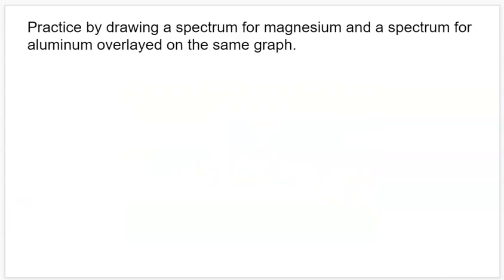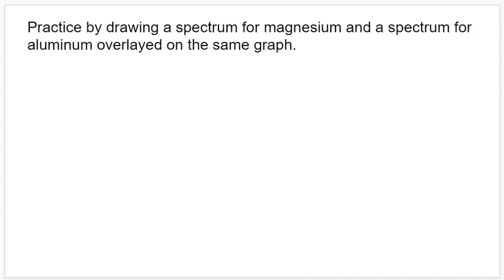I want y'all to try to practice drawing these. I don't care too much about the actual energy values as long as you're getting the relativity between spectrums right. But I want you to try to practice drawing a spectrum of magnesium and aluminum overlaid on the same graph.